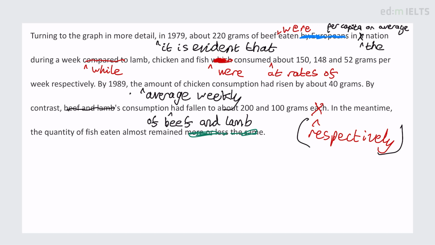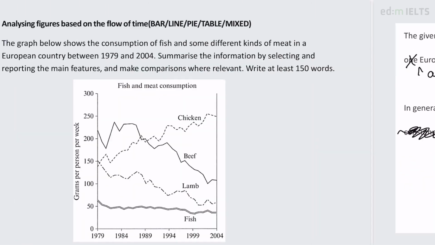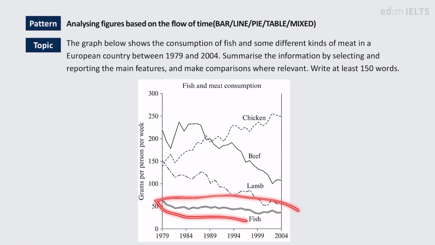So when you suddenly get this idiomatic expression, more or less, it really jumps out at you. Let's say relatively steady. And in that case, I don't have to say almost, because it's not almost the same, it just remains relatively steady. It didn't change much.